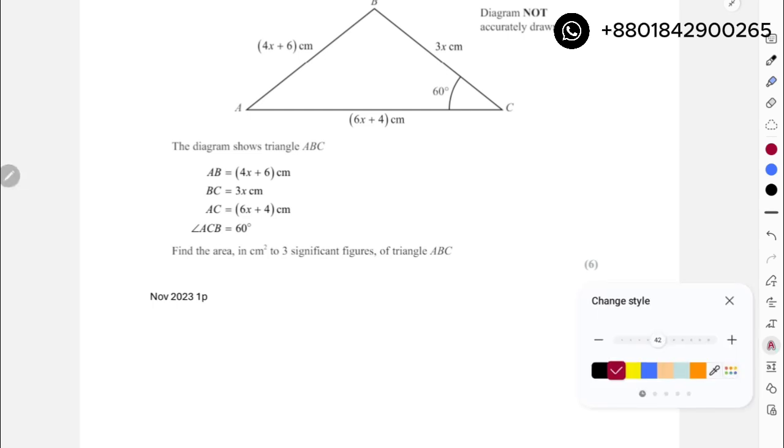In that reference, I have to use the cosine rule first to find the value for x in this situation.